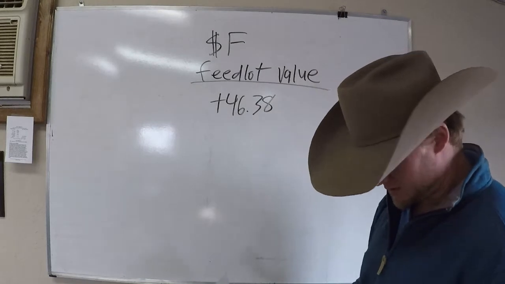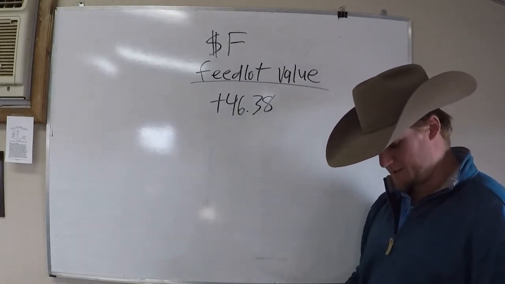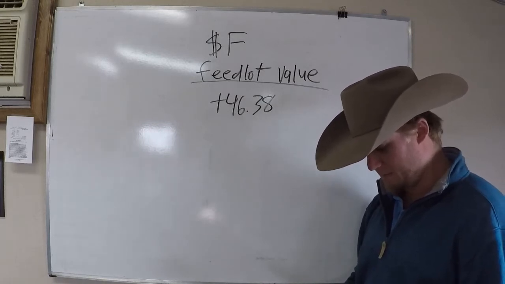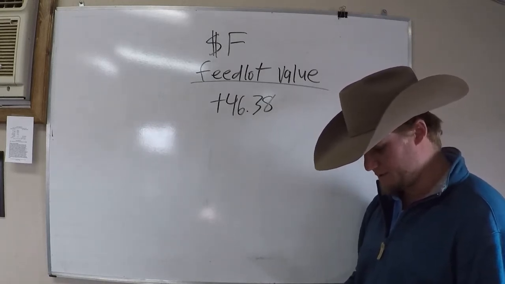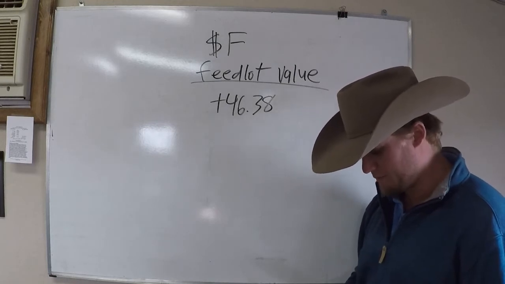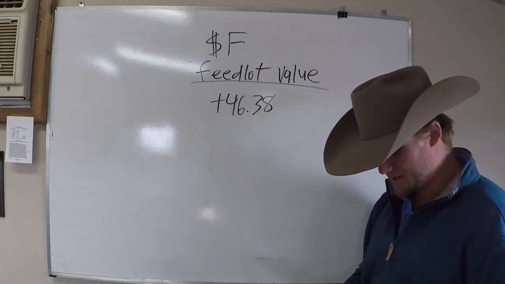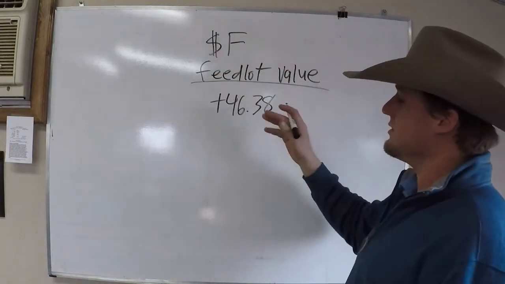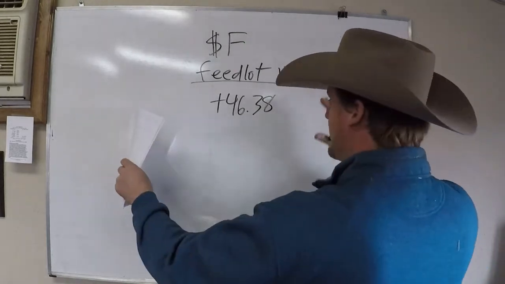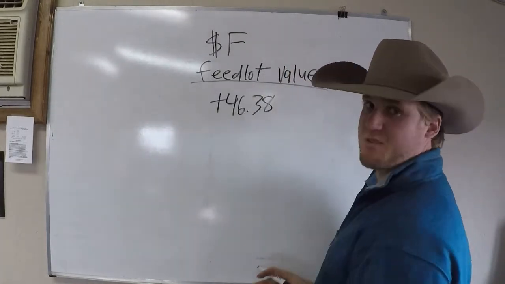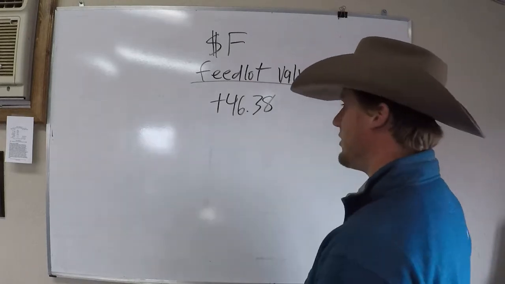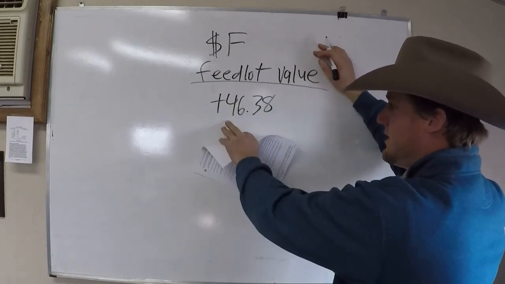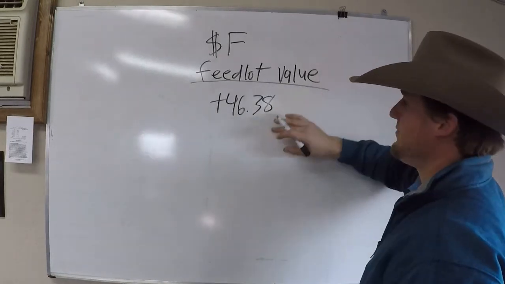I'll read you the definition: feedlot value, $F, an index value expressed in dollars per head, is the expected average difference in future progeny performance for post-weaning merit compared to progeny of other sires. So we just did $W. $W is everything from when he's born until he's weaned. $F is from post-weaning on.